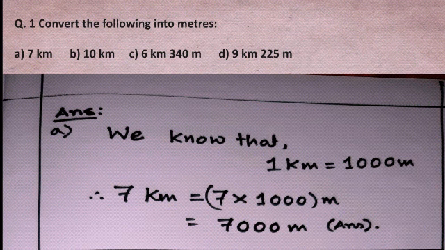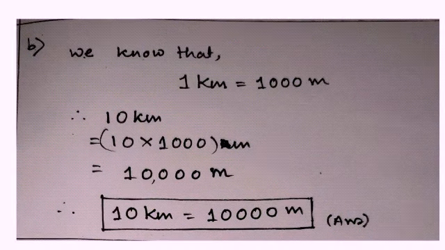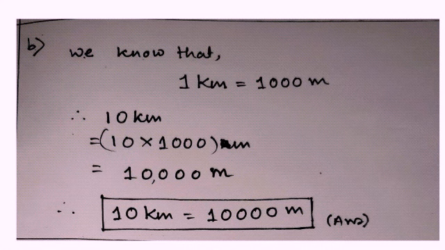So now just see the procedure, what I have done here. We know that 1 km equals 1000 meter. So 7 km equals 7 into 1000 meter, which equals 7000 meter. Now the answer to question B. Here also we know that 1 km equals 1000 meter. So 10 km equals 10 into 1000 meter. Why is it multiplication?